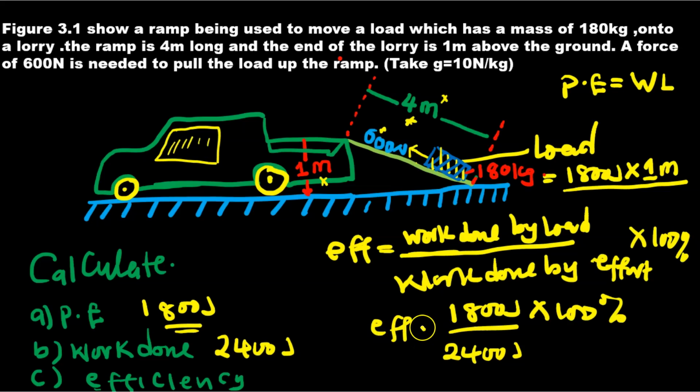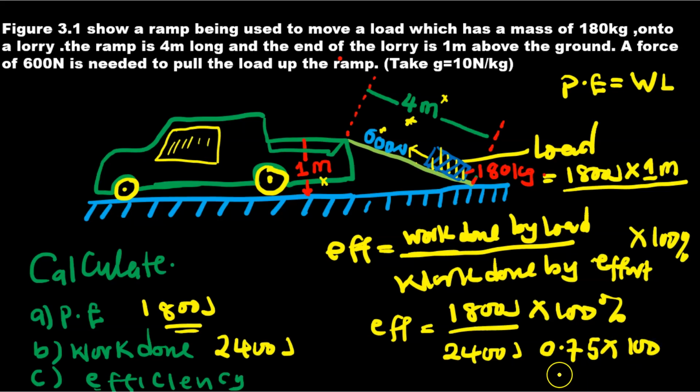The other way you can look at it is that the work done by load is just the distance moved by load and of course the weight of the load. If you divide 1,800 by 2,400, you are going to have 0.75 before you multiply by 100.